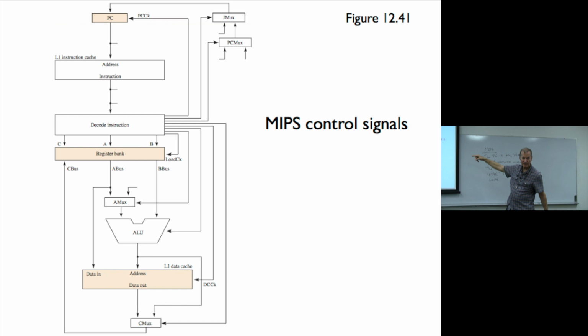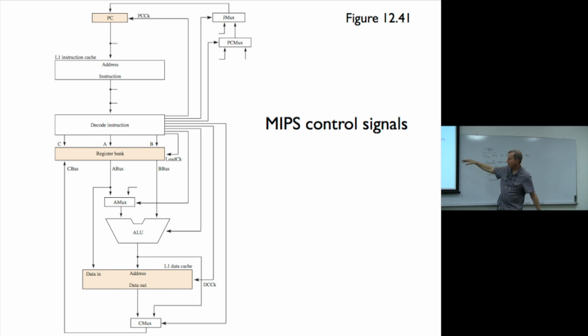And then after a few more gate delays, because it's a combinational circuit, the A, B, and C register addresses are being presented to the register bank. Are you with me?